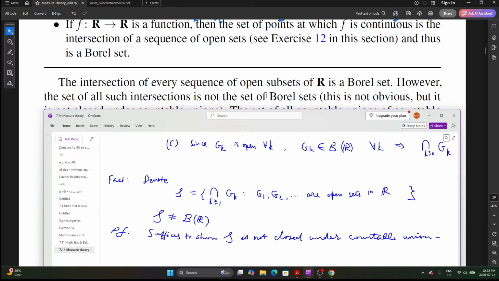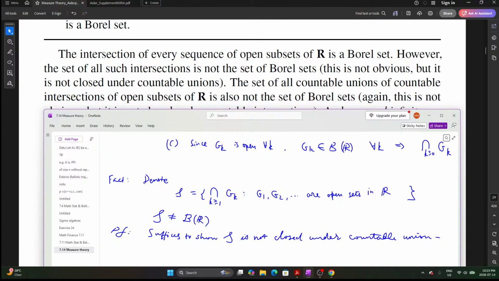How do we do that? Well, you need to construct a sequence in S whose countable union is not in S. Right? S is a collection of intersections of open sets.